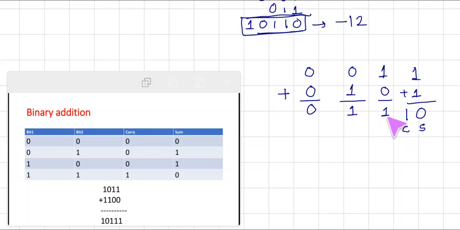So we can say sum 1 but carry 0, sum 1 but carry 0, sum 0 and carry also 0, which is represented here. This way binary addition can be done. Here is an example: 1 plus 0 is 1, 0 plus 1 is 1, but 1 plus 1 becomes 2, which gives sum 0 and carry 1. This way the addition of binary numbers can be done.